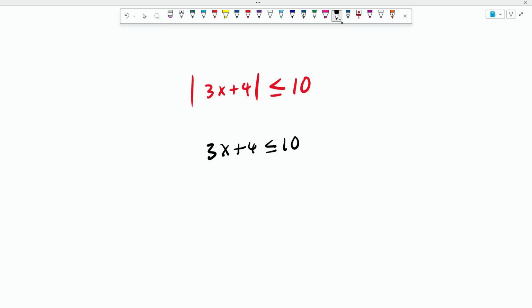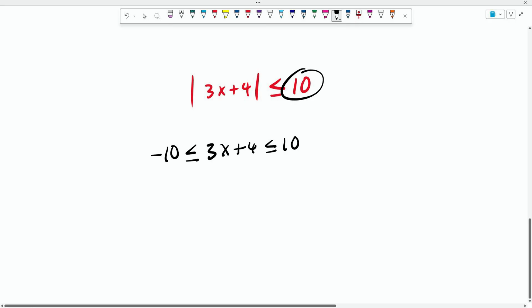And then we put that same less than or equal to sign on the left side, and we put the opposite of that number over here. Now we have a compound and inequality. We solve it just like we learned on Monday, something like that. Okay, so we subtract 4.